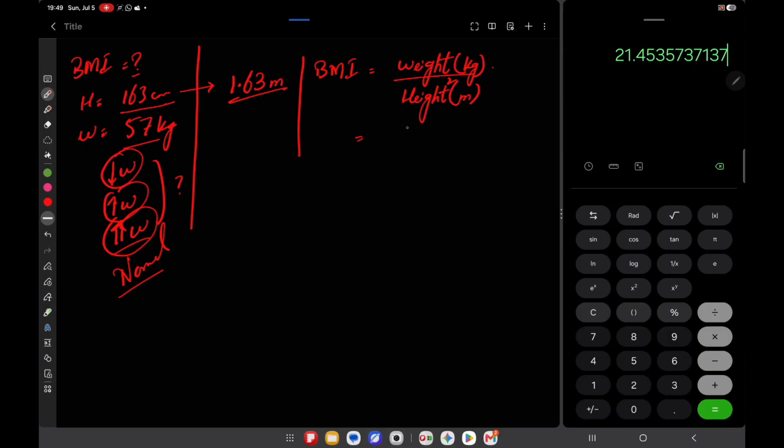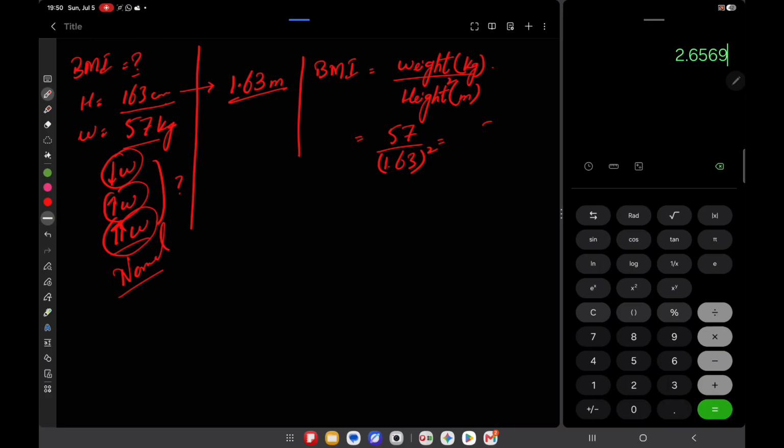Weight of the patient is 57 kg, height is 1.63, and we have to take the square of it. So if we take the square of 1.63, 1.63 into 1.63, it will be 2.6569.